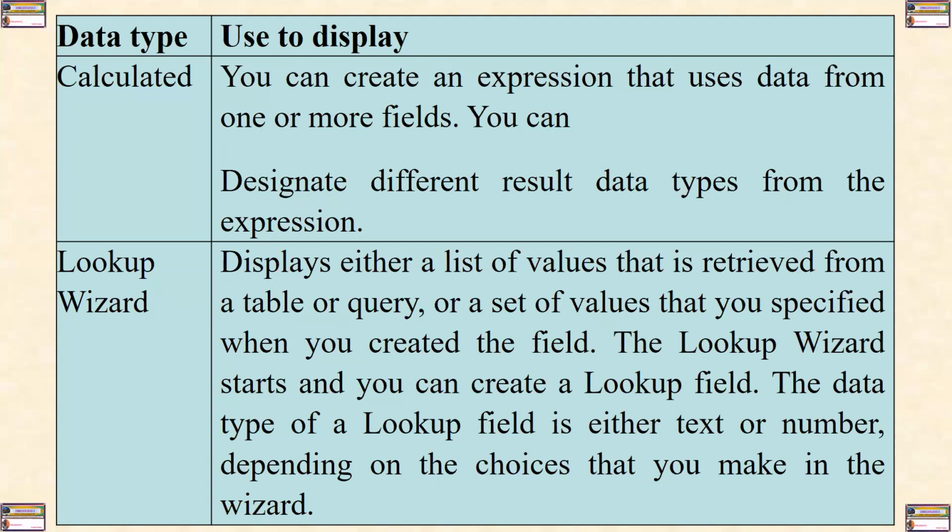A good example of a situation where you can select the data type calculated is where, for example, you want to calculate balances. A case in point is where, for example, a student is required to pay a certain amount of fees for a certain program. When this student makes a payment, he or she will either be left with a zero balance or he or she will be left with some balances unpaid.